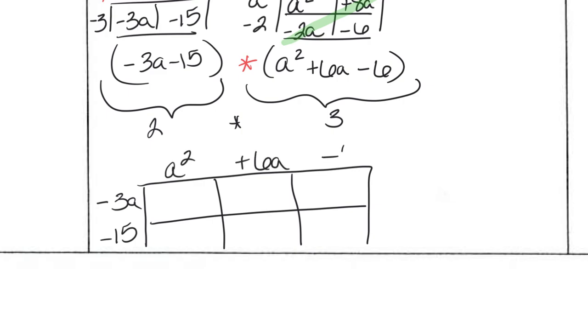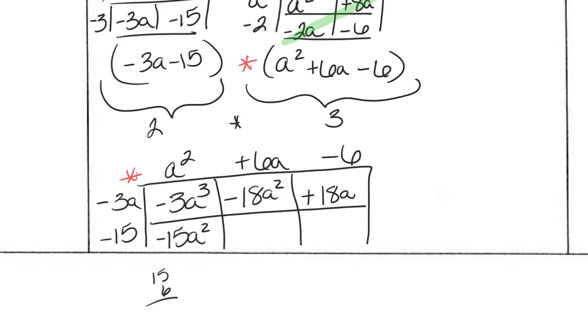Each term takes an edge of the box, and we fill that box in using multiplication. So this is negative 3a cubed, negative 18a squared, positive 18a, negative 15a squared.